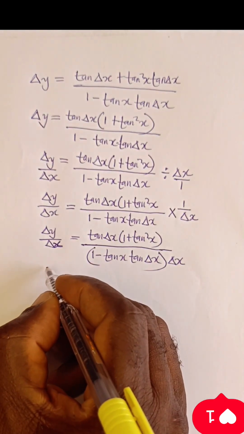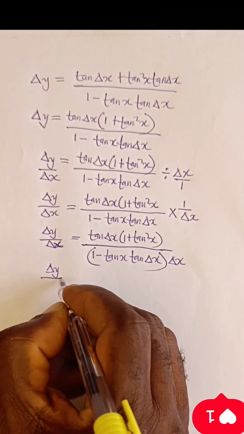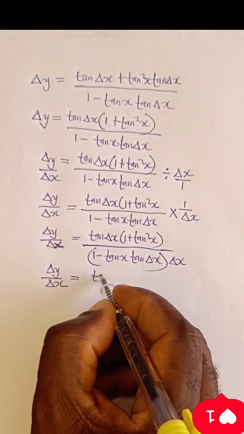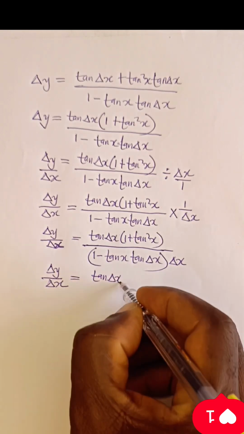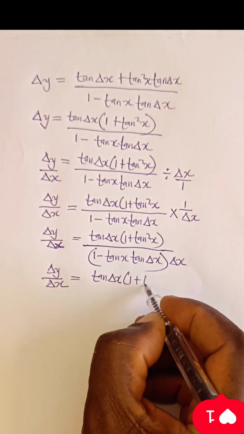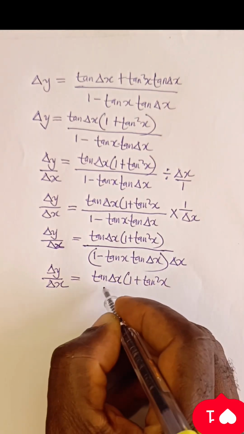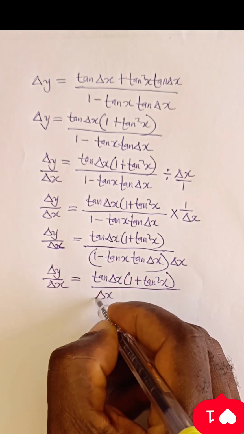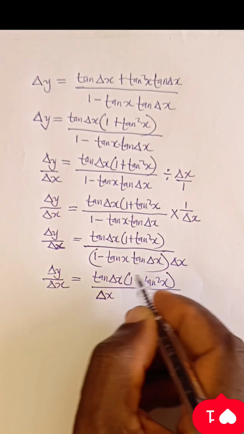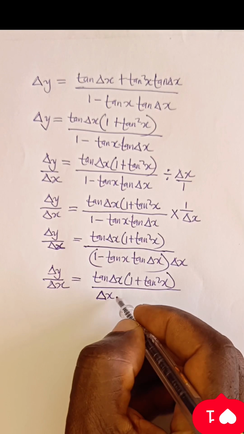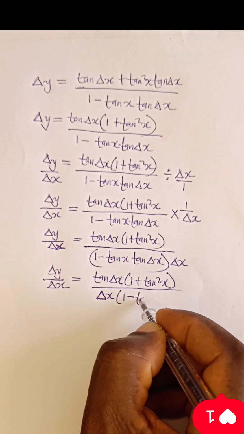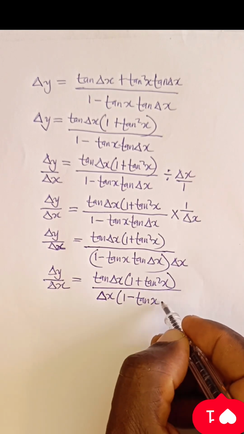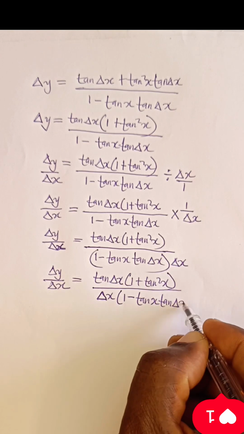So let's rearrange: change in y over change in x is equal to tan change in x over change in x, into (1 plus tan square x) over (1 minus tan x tan change in x).